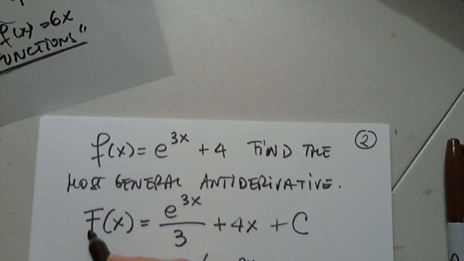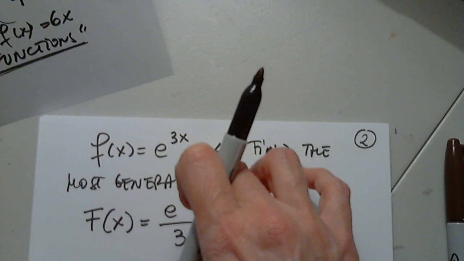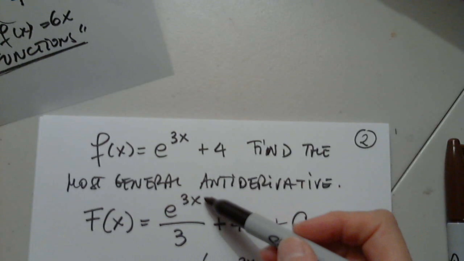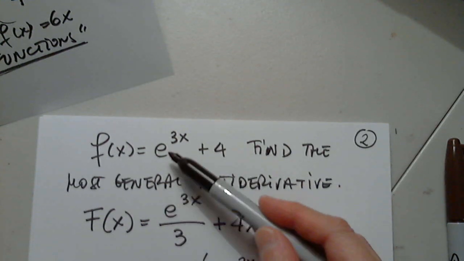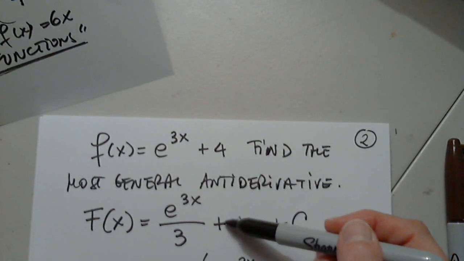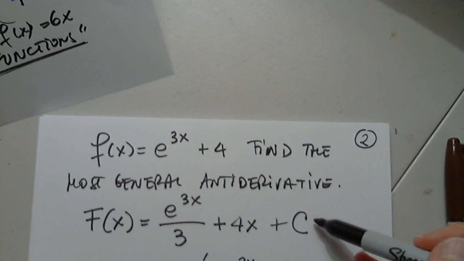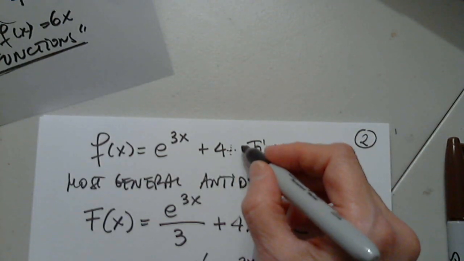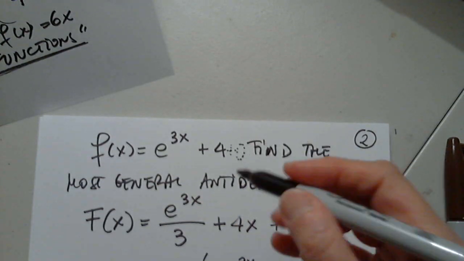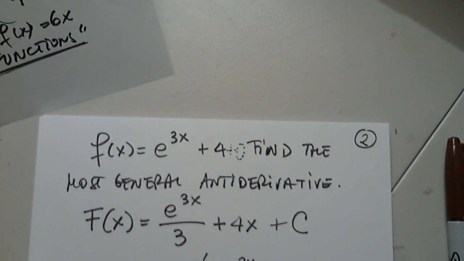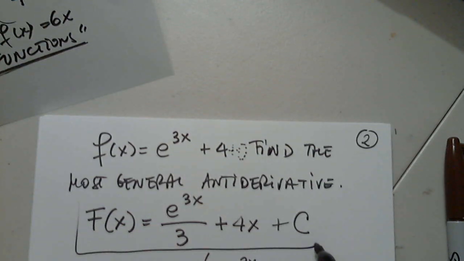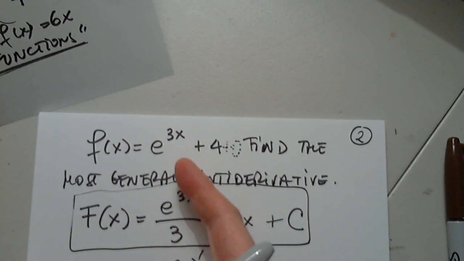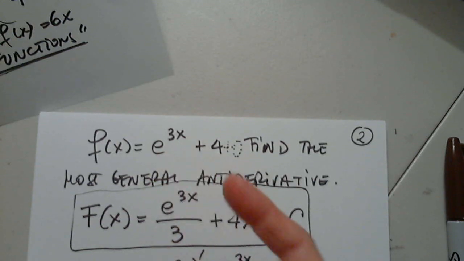So when I differentiate this, I get e to the 3x. When I differentiate this, I get 4. When I differentiate this, I get 0. Where is the 0? Right here. 0 is always everywhere. So this is the most general antiderivative of this function, e to the 3x plus 4.